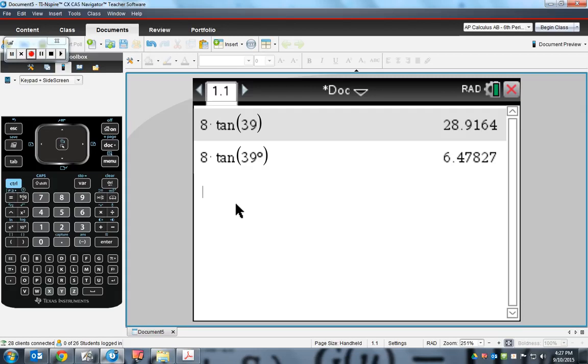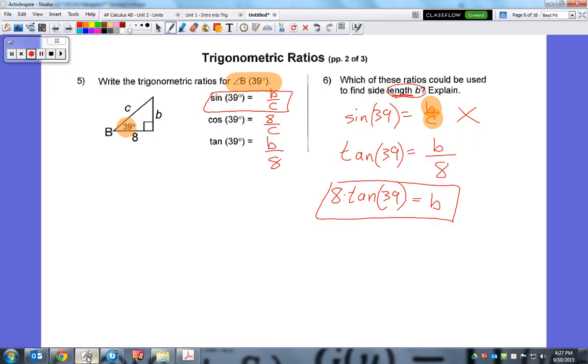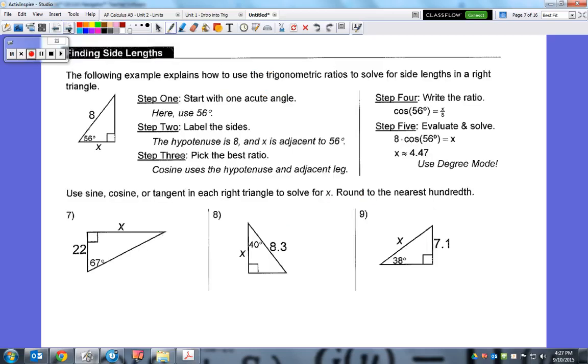So 6.478 will most likely be the answer, because in this class, you're basically going to round everything to 3 decimal places if it doesn't say give me the exact answer.